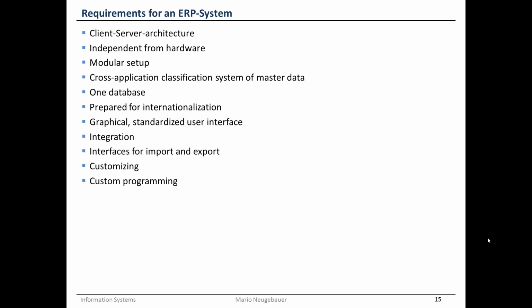Then you need some integration tools to suck data out of other systems or provide other systems the data they need. And this finally also leads to interfaces for import and export, depending on the data you need in your module, or depending on the data the other modules need for their functionality.